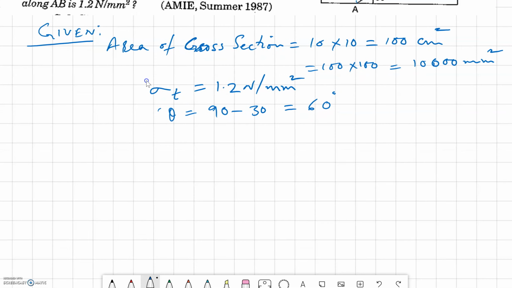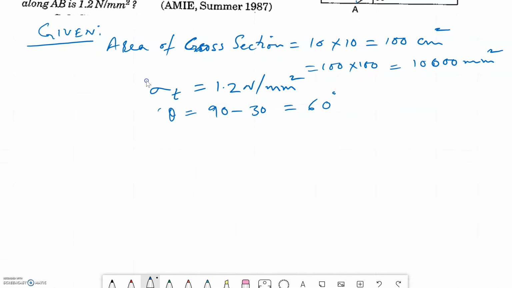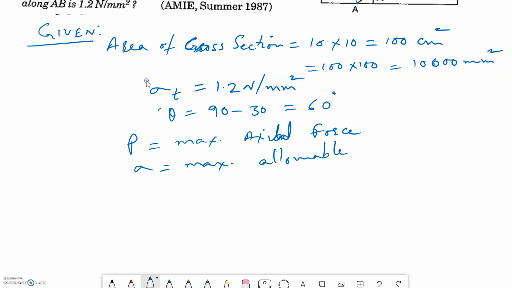If we consider P to be the maximum axial force, and sigma be the maximum allowable stress, we can use the equation for sigma t, which gives you sigma by 2 sine 2 theta.